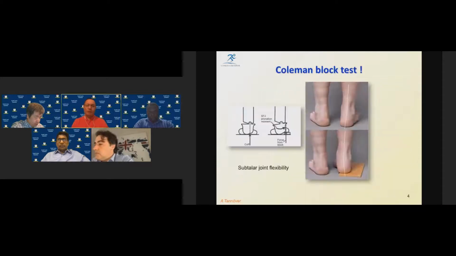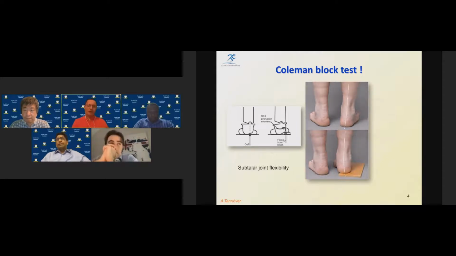The Coleman block test, as Dr. Yan again said, is a good one to do, but it's not always easy to understand perfectly where it's driven from. It gives you an idea where the deformity comes from.